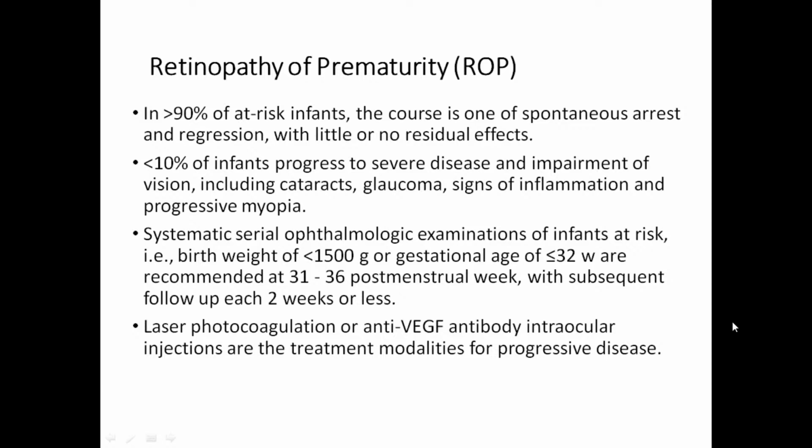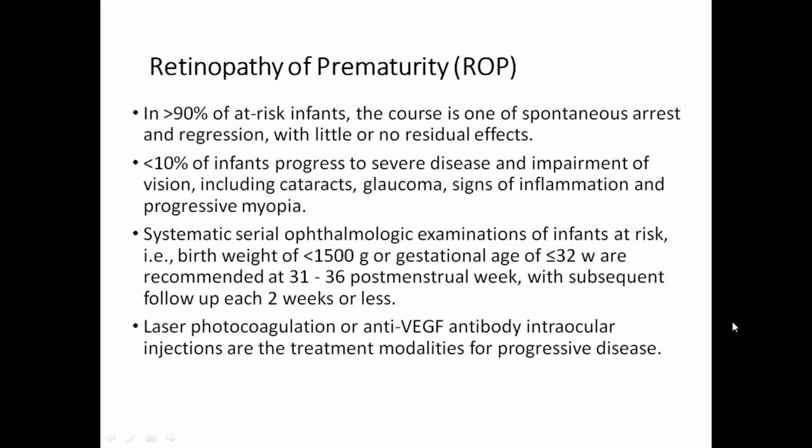In more than 90% of at-risk infants, the course is one of spontaneous regression with little or no residual effects. Less than 10% of infants progress to severe disease and impairment of vision, including cataracts, glaucoma, signs of inflammation, and progressive myopia.